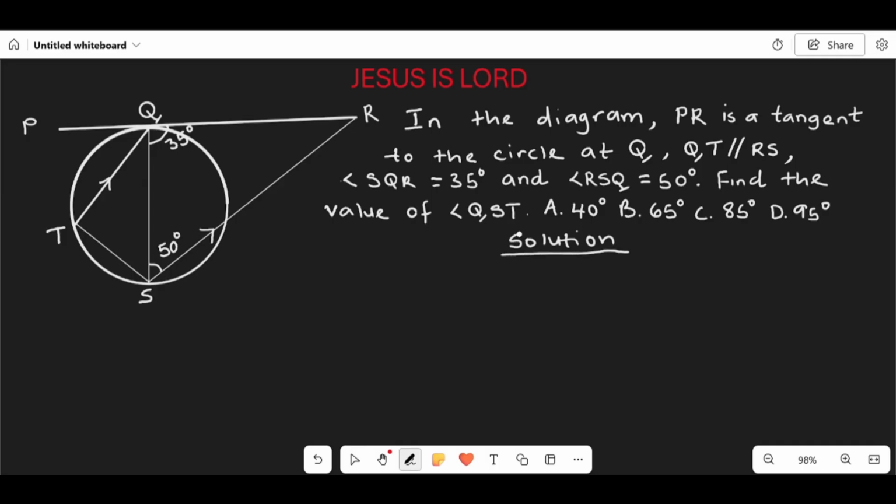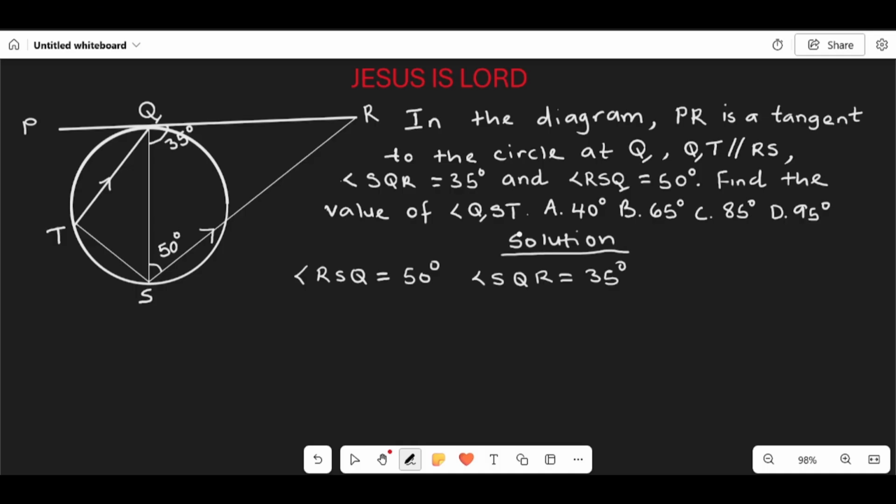In the question, we were given that PR is a tangent to the circle at Q, and also QT is parallel to RX, and angle RXQ is equal to 50 degrees, and angle XQR is equal to 35 degrees.